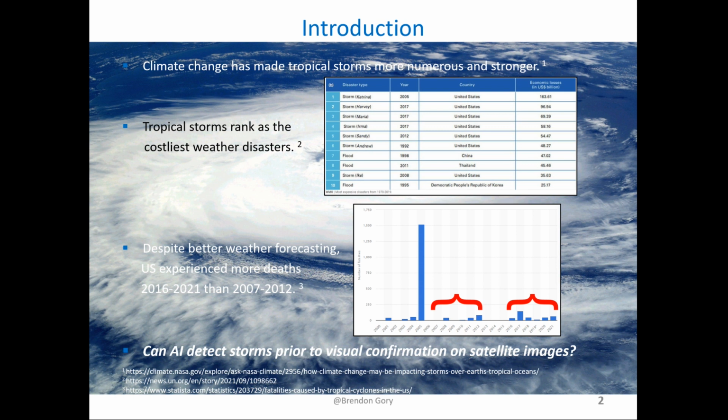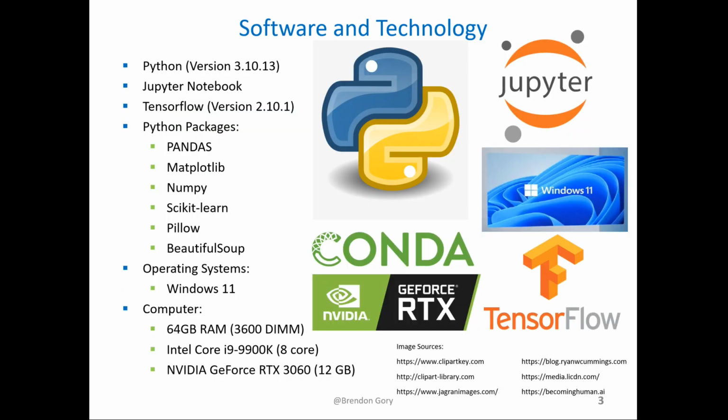So we want to see if CNN models can help meteorologists predict weather disasters, and more poignantly for this project, tropical systems. The software used for this project is readily available and can be downloaded from the internet.